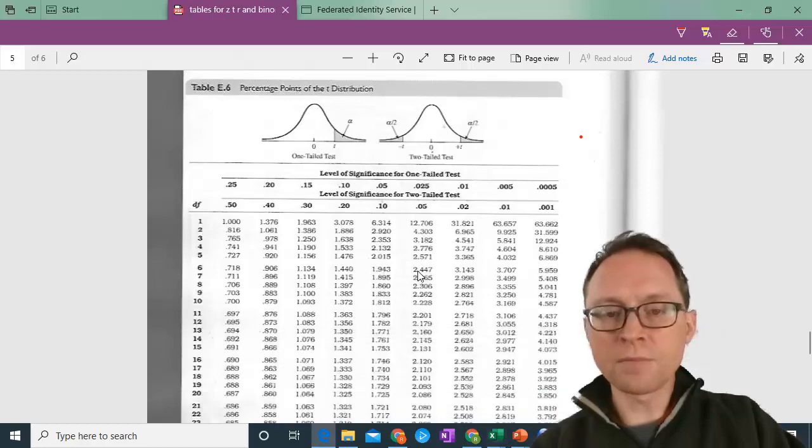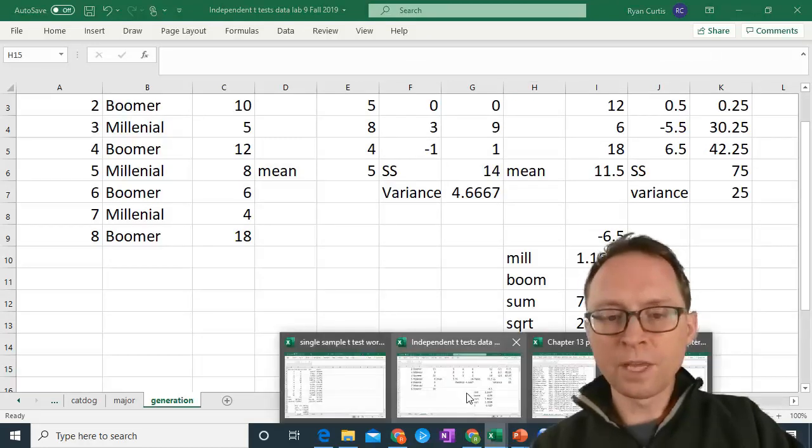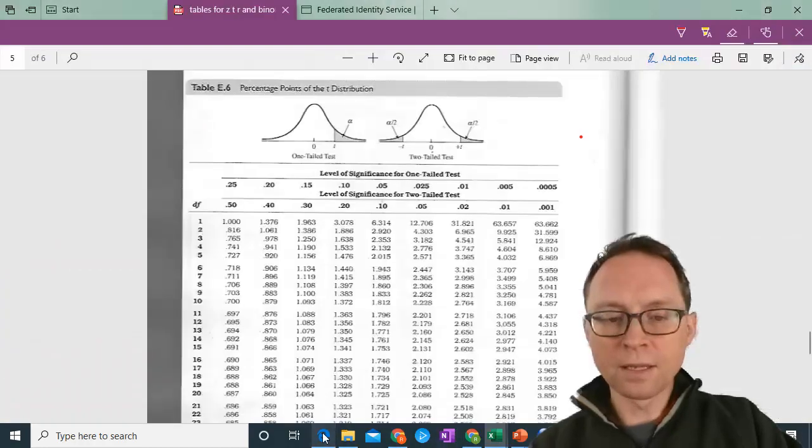Now, it doesn't matter if it's positive or negative, right? 2.447 for the positive, negative 2.447 for the negative side. It's symmetrical. We just calculated a t-statistic of negative 2.38. And when we look at this, negative 2.38 is not as extreme as negative 2.447.